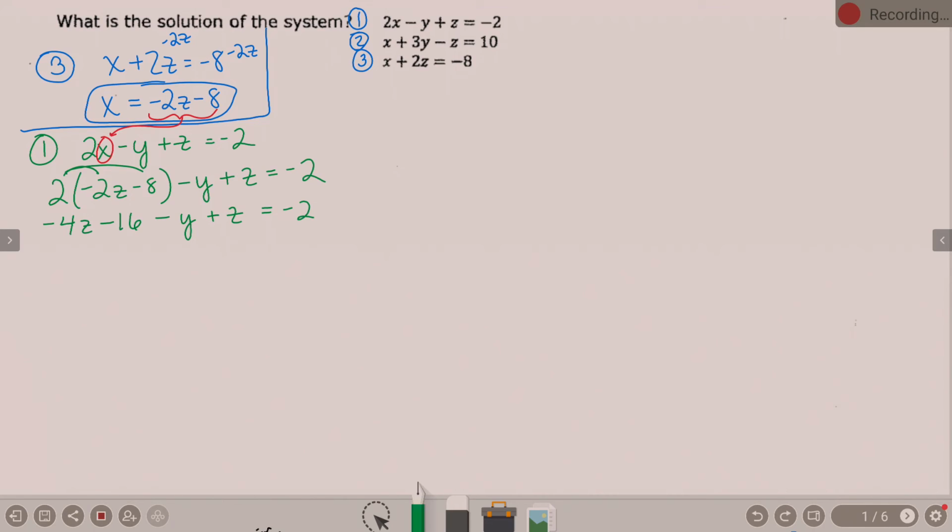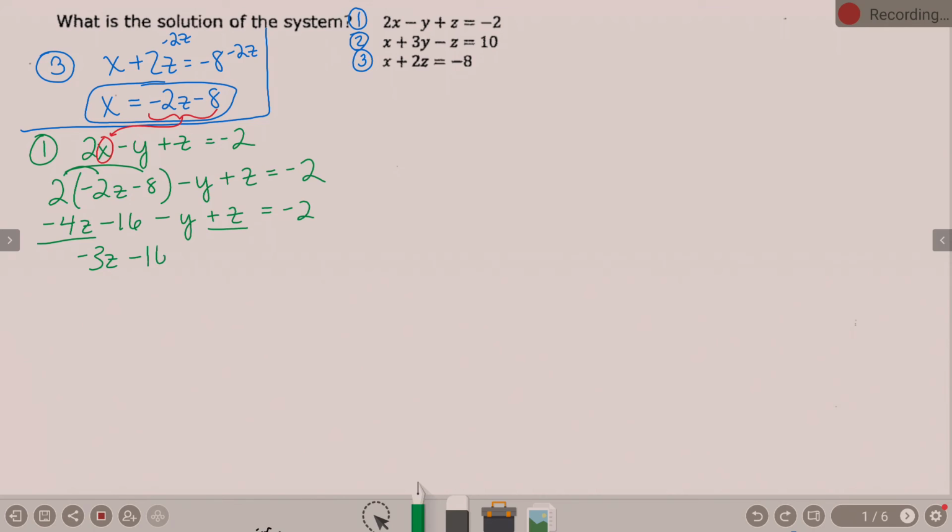There are 2 other steps that we usually have to take. One of them is look for like terms. On the left side are a negative 4z and plus z. What's negative 4z plus z? Negative 3z.